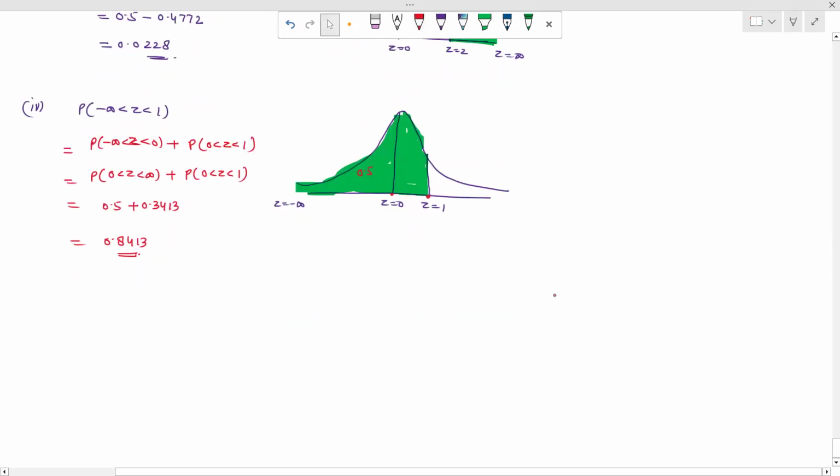Ok. So we take one more question related to that. So another question, x is a normal variate with mean 25 and standard deviation 5.